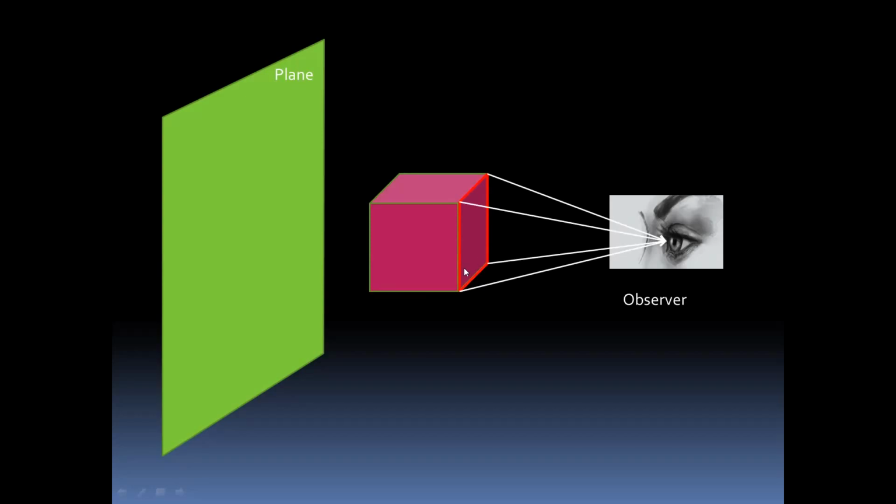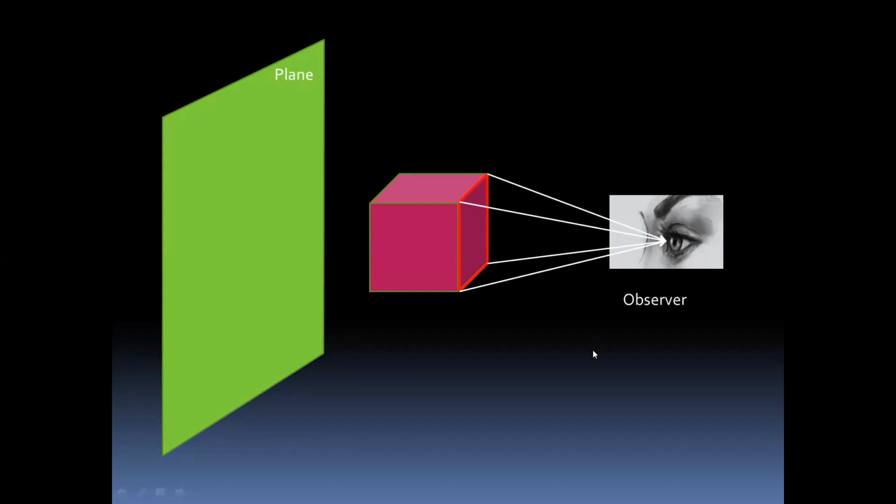For the projection, we will follow the reverse procedure. Reverse procedure means what? We will project these rays exactly in the reverse direction, so they will intersect this imaginary plane which is just behind that object.